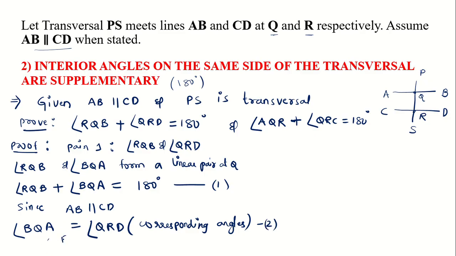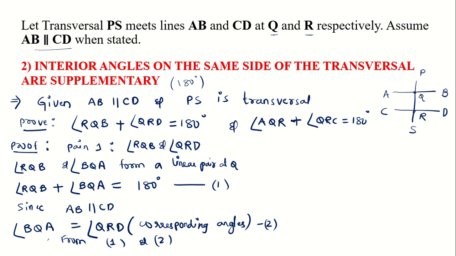Now from 1 and 2, observe these two equations. This is your equation 1 and this is your equation 2. You got that angle BQA is angle QRD.